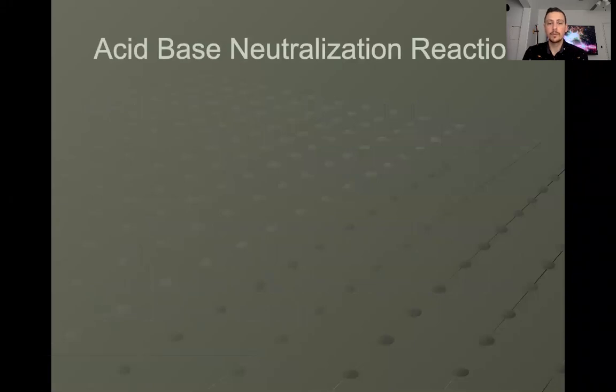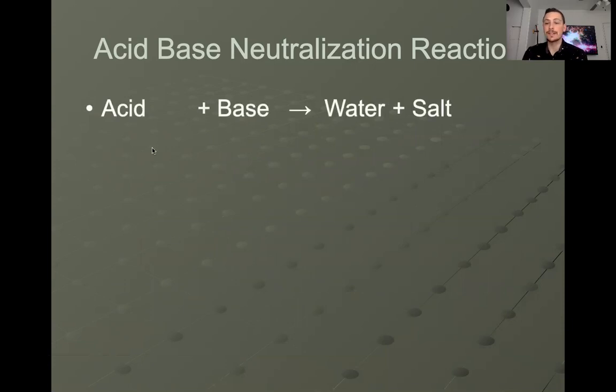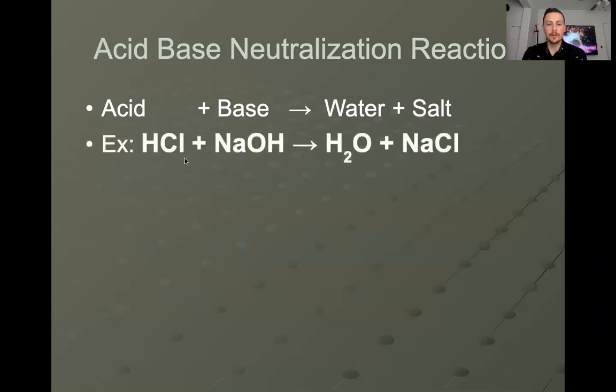We've seen acid-base neutralization reactions before. They have this basic setup, right? We have an acid, it's reacting with the base, it gives us water and salt. An example: we have hydrochloric acid plus sodium hydroxide, that's our base, producing H2O and sodium chloride. Again, this is a double replacement reaction.